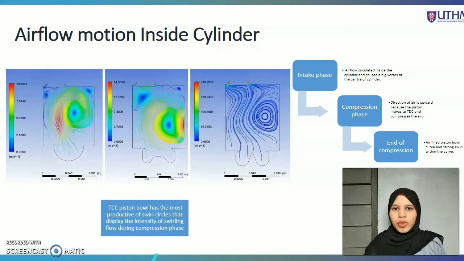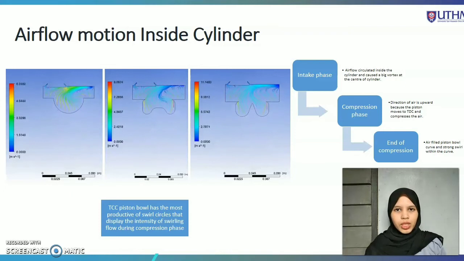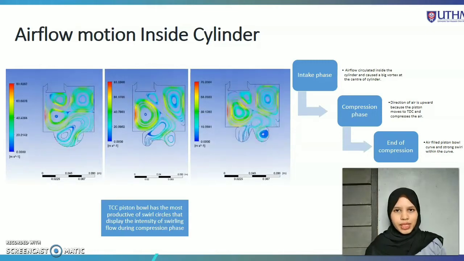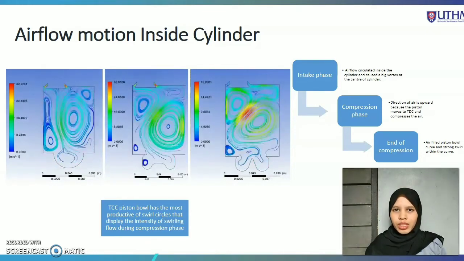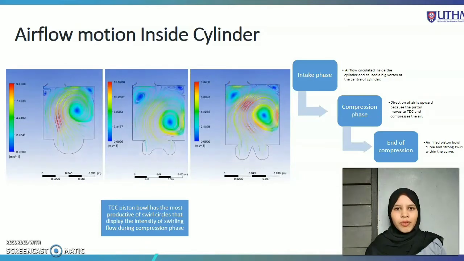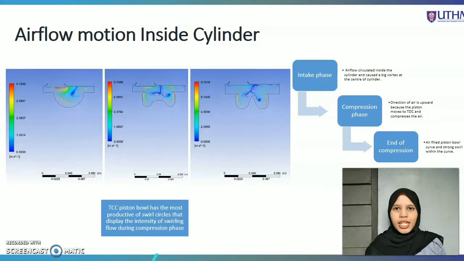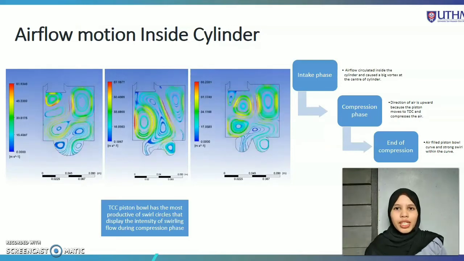When the piston moves closer to the top dead center, the air fills the piston bowl curve and creates strong swirl within it. That is important for the air-fuel mixing. Based on the observation, the TCC model generates the most productive swirl circles. This displays that it is generating high intensity of airflow swirling within the cylinder.